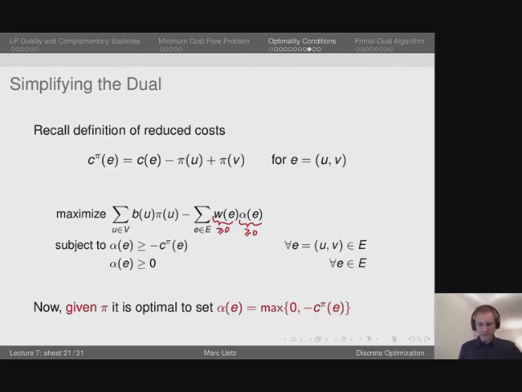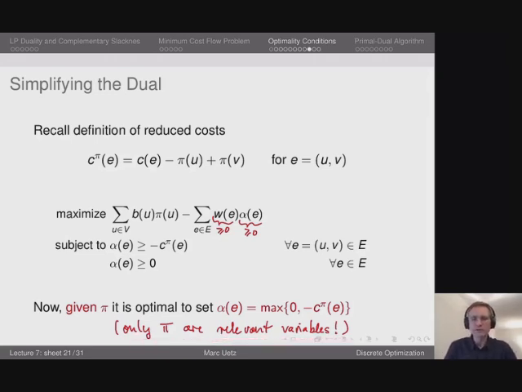So that is to say that in this dual problem here, only the pi's are the interesting variables because the alphas are kind of dependent on the pi's, and once the pi's have been determined, and remember the pi's define the reduced costs here, then I know what the alphas should be. Okay, so only these variables pi are the relevant variables.